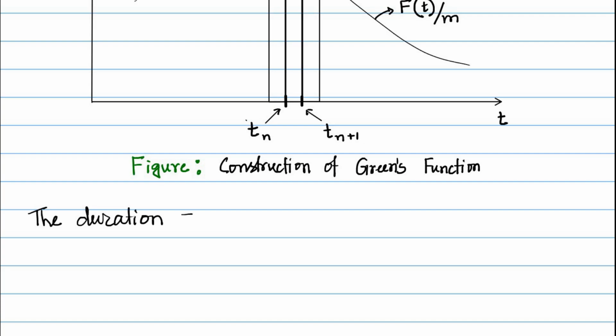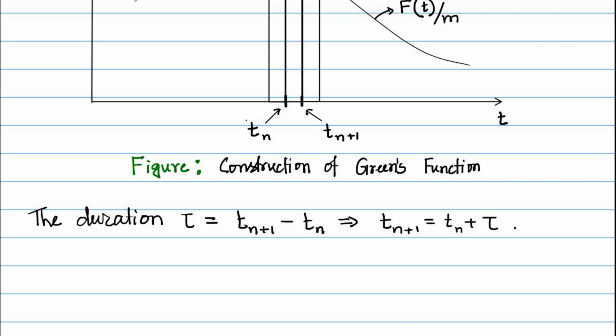The duration of each impulse is tau. So this can be written, in terms of the figure, as t of n plus 1 minus t of n. So that looks like a recursive relation: t of n plus 1 equals t of n plus tau.